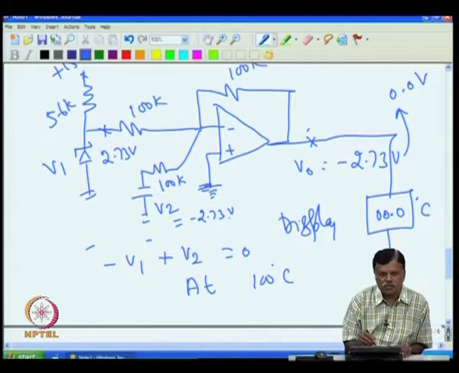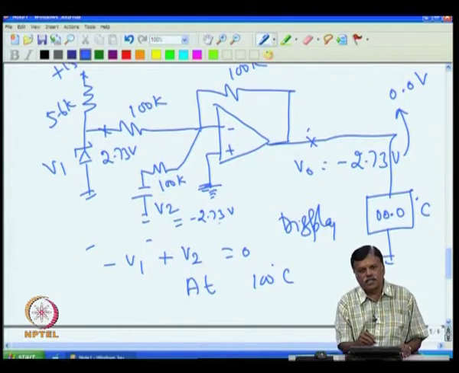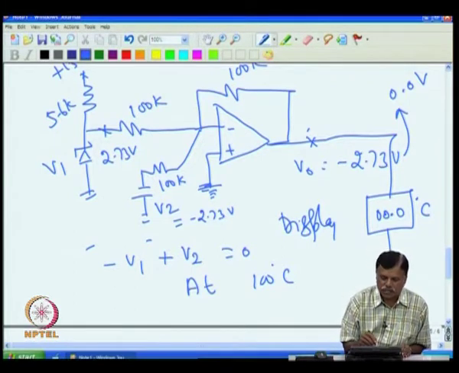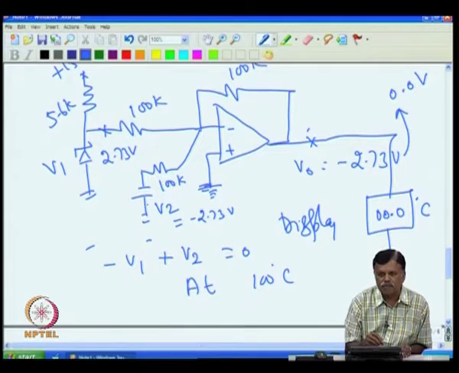You have, for example, very good Zeners available of 1.2 volt, 2.5 volt, 5 volt. Now, I am not talking of the regular junction Zeners, I am talking of low drift Zeners with temperature. Even though we are not putting this Zener inside the oven where we are measuring the temperature, with ambient temperature this voltage should not change. So, we have to have a stable Zener.